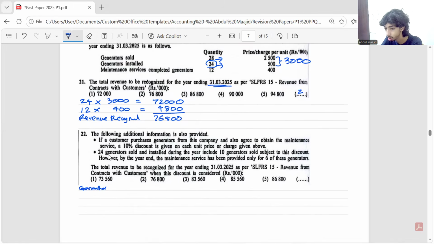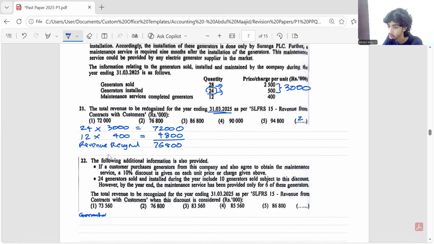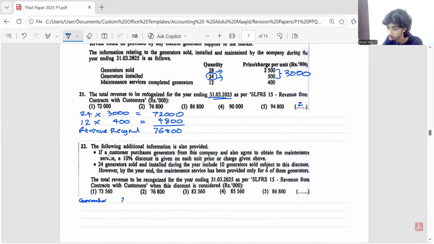Generator price is 2,500. Installation price is 500. Maintenance price is 400. Total, if you are buying each of these individually, you will have to pay 3,400. If you're buying all three together, you're getting a 10% discount.